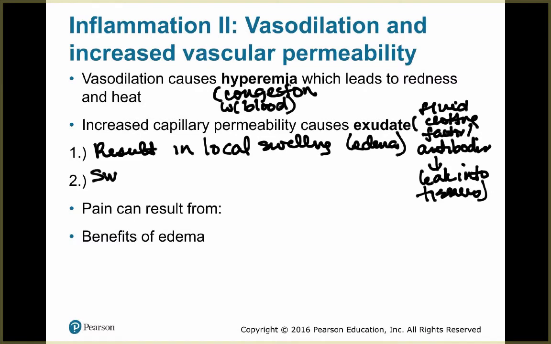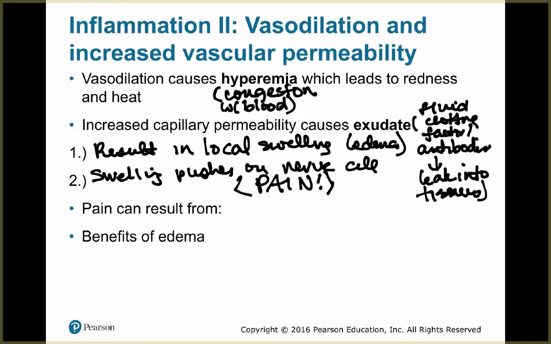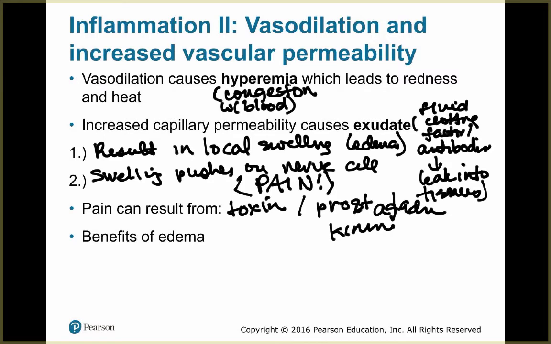And that swelling, darn it, pushes on nerve cells. What do you think is going to happen if you push on a nerve cell? Ouch. Yes, you are going to get pain. Now, pain can also result from toxins from bacteria, or the release of prostaglandin, as we just got done talking about. And what else? The kinins.